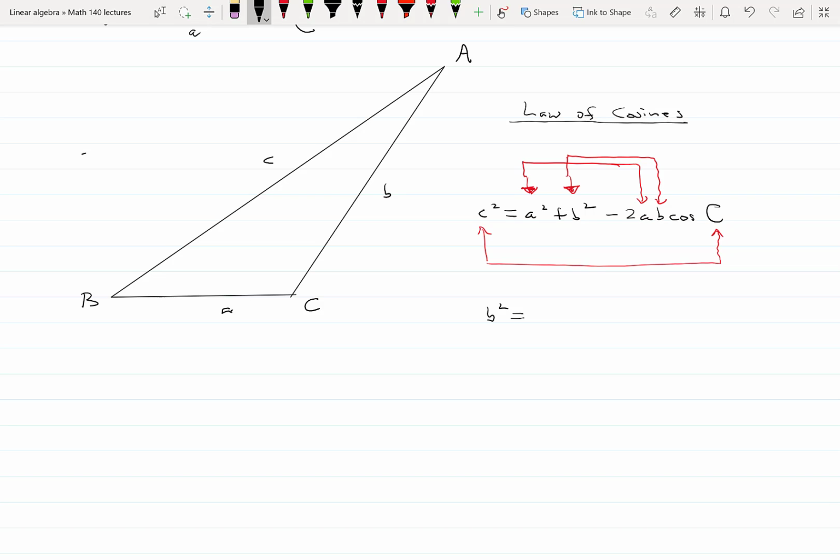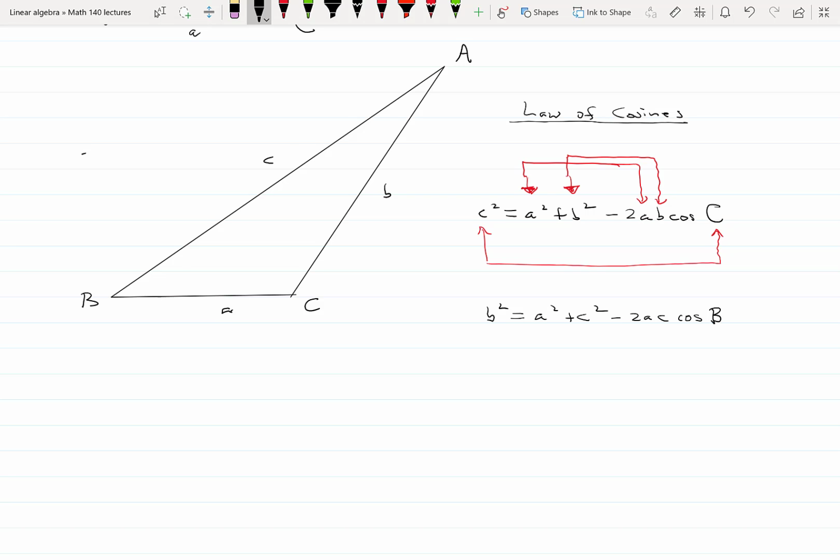Well, if the first version started with small c squared and ended with capital C, then it seems logical that the second version that starts with b squared should end with cosine of B. Filling in the rest is very simple. B squared equals the sum of the squares of the other two variables, so a squared plus c squared, and then minus 2 times a times c times the cosine of B.